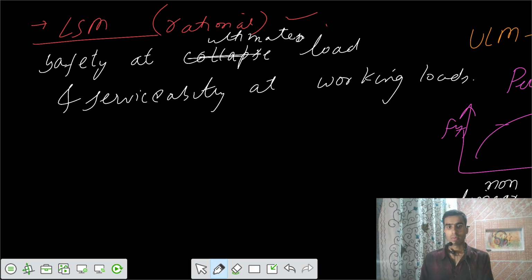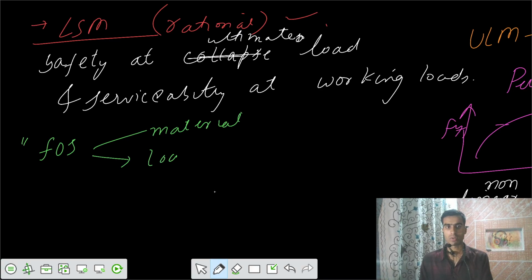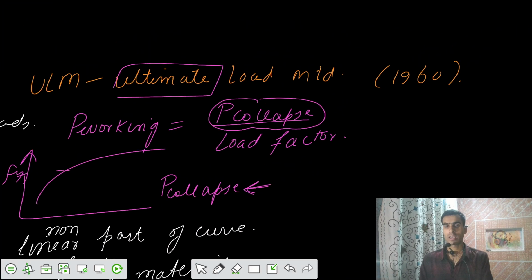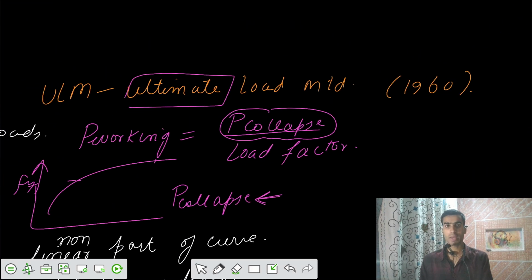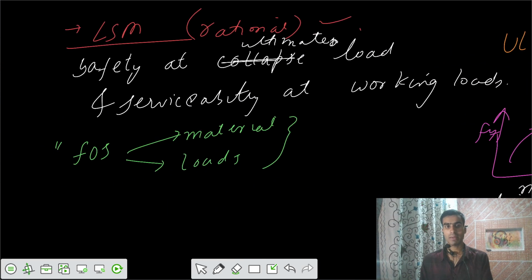This method applies factors of safety on material, and factors of safety on loads also. The other two methods were applying factors on either loads or material strength. But the limit state method applies factors of safety for both criteria: one is material and the next is loads.